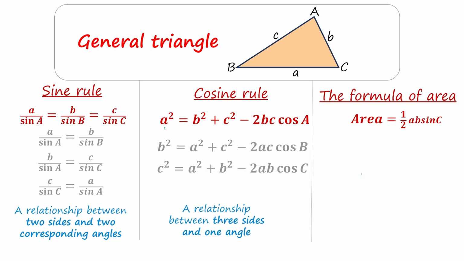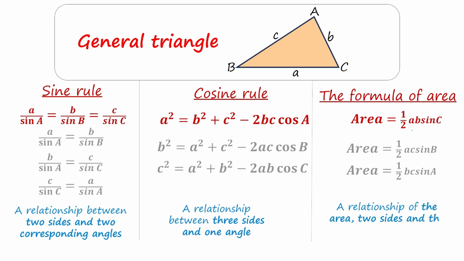Now let's look at the last one, the formula of area. Similarly, we can write 2 more equations like this. Again, they are generally the same. When we look at this equation, we can tell the formula of area describes a relationship between the area of a general triangle and 2 sides and 1 angle.